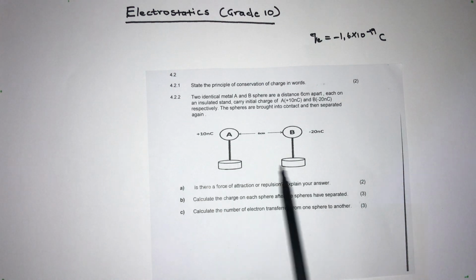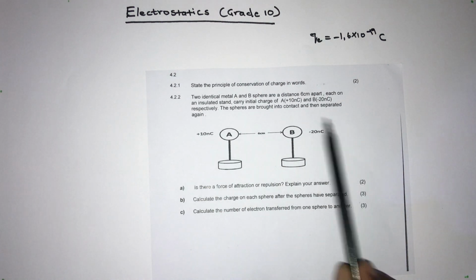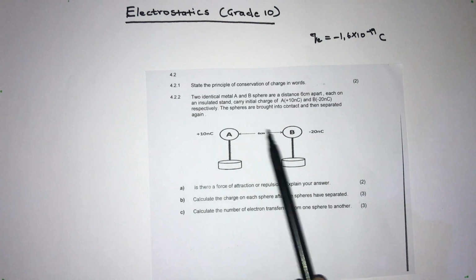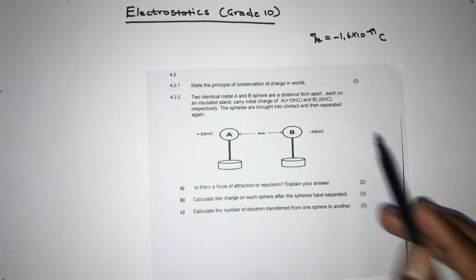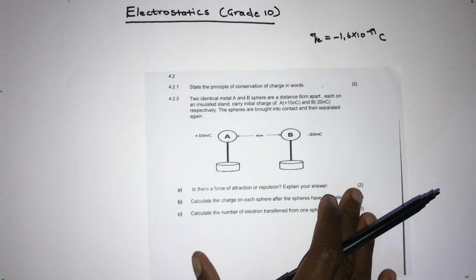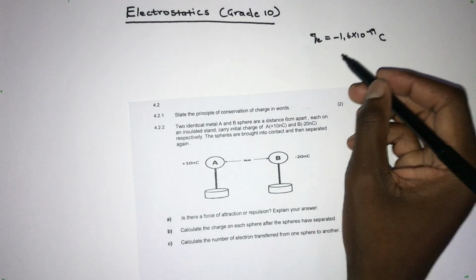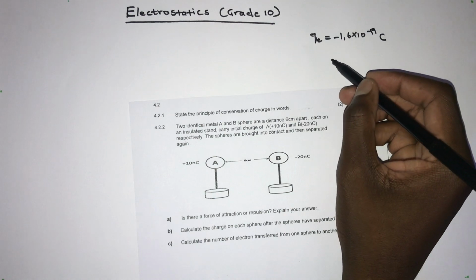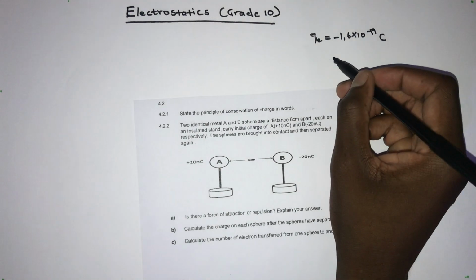So we have sphere A and sphere B. Sphere A is positive 10 nanocoulomb, and B is negative 20 nanocoulomb. Before we go far, we must remember to convert.